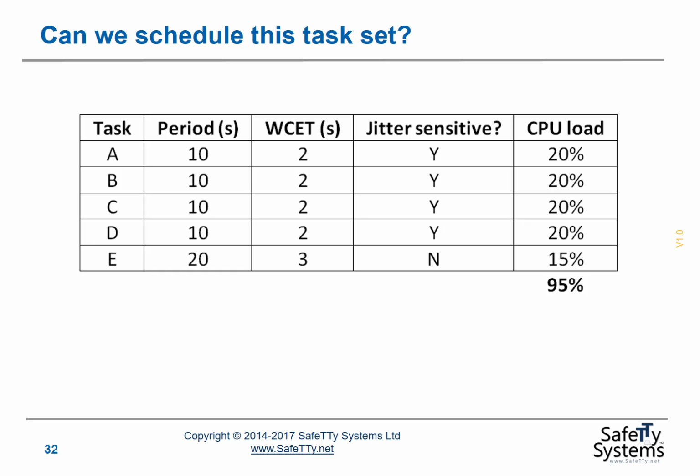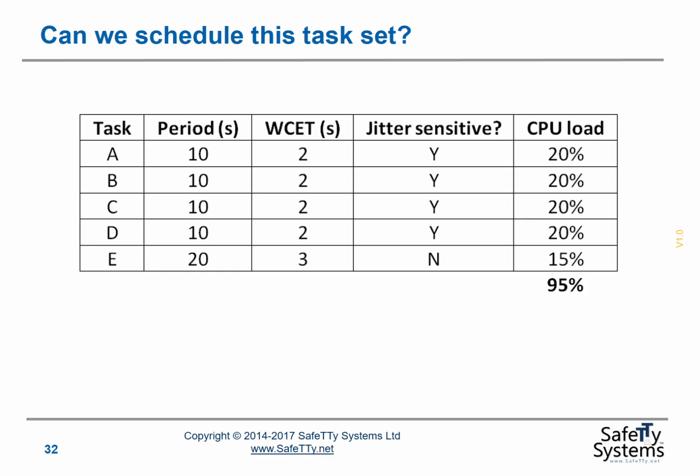How would we meet the jitter sensitivity requirements? How would we ensure that task A, B, C, and D would have low jitter in their release times? The way that we might achieve this is by running all of these tasks in sequence. So we run task A, task B, task C, and task D in sequence from the timer ISR.